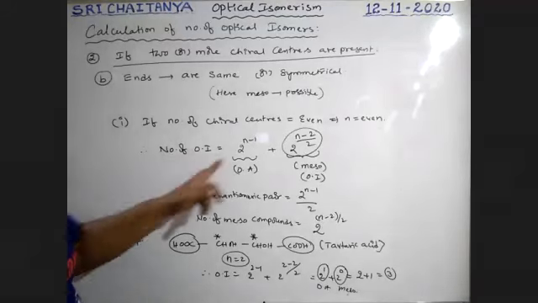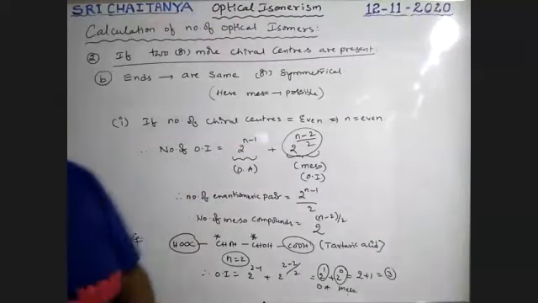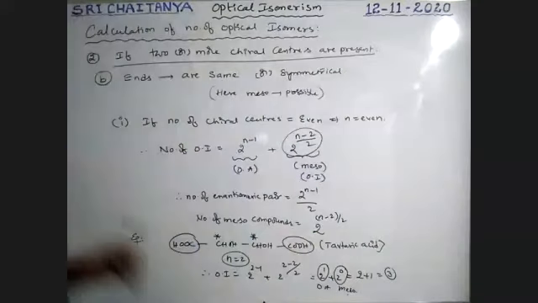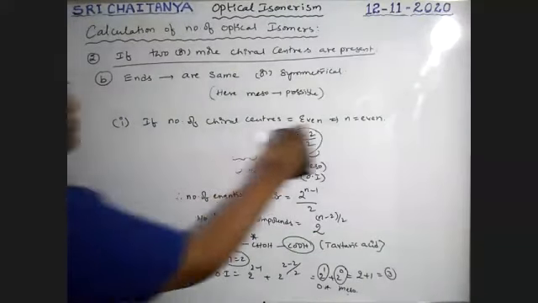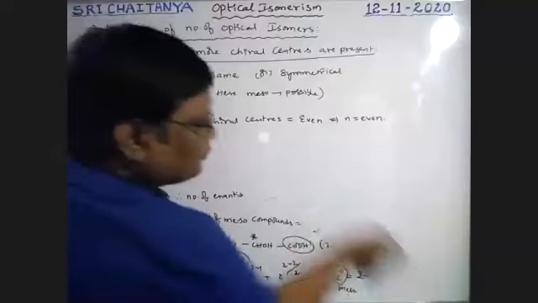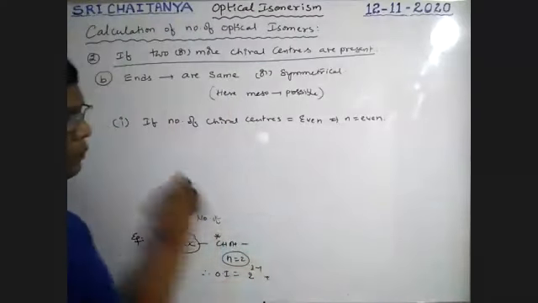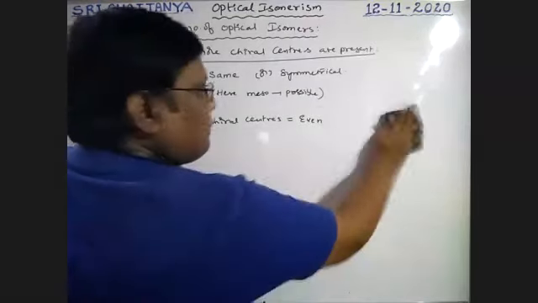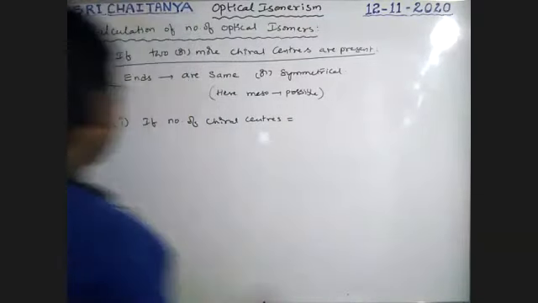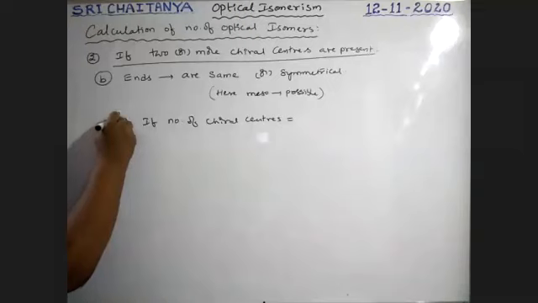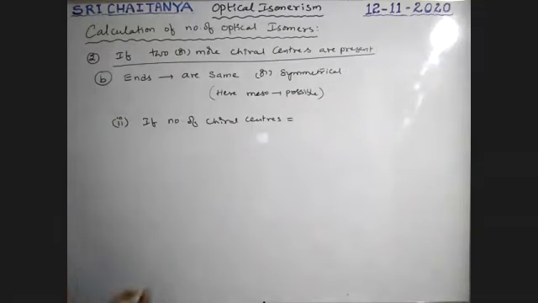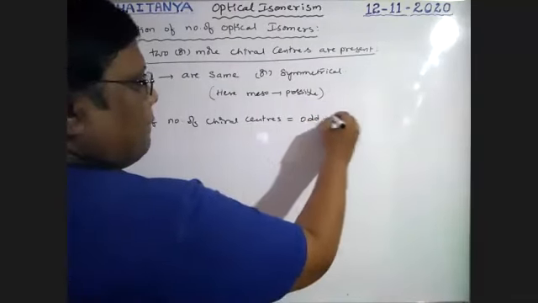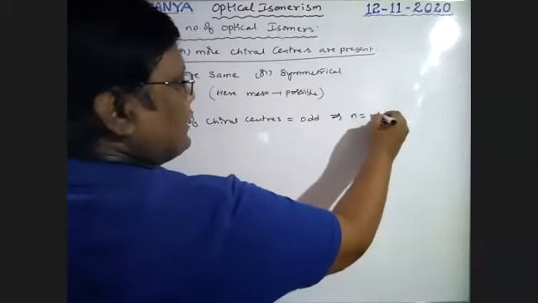Next, if n is odd, the second case. If the number of chiral centers is odd, that implies n is equal to odd.